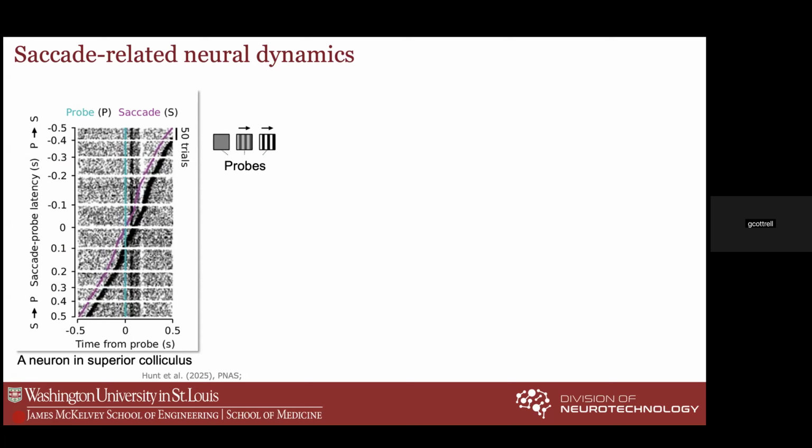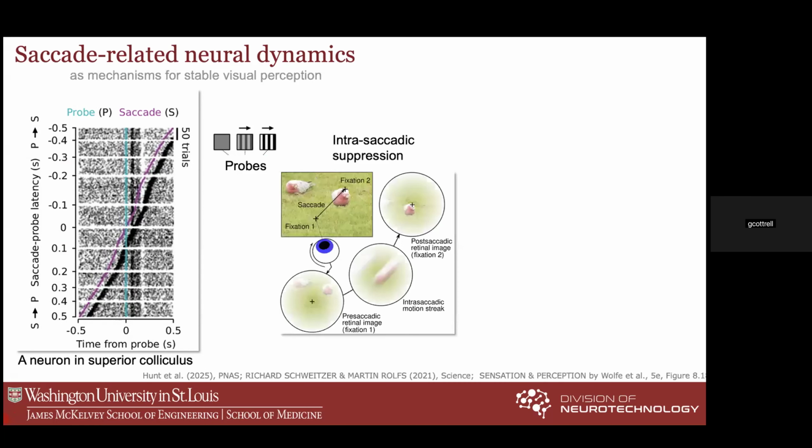People started to study saccade-related neurodynamics mostly in order to understand how the brain supports visual perception. When we move our eyes, the external world sweeps in, and the brain needs to address these challenges. One is to suppress the intrasaccadic motion sensation that arises because of the eye movement.